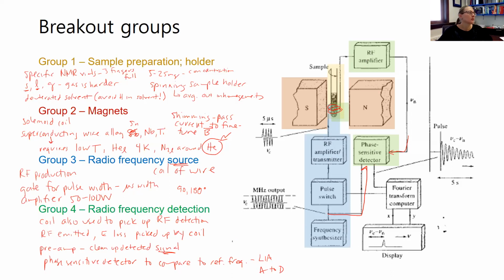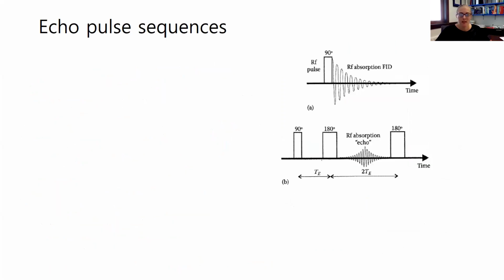Okay, cool. So we'll go over some specializations and applications now of NMR. Rose was mentioning 90 degrees and 180 degrees with the pulses that are sent in, and these are specializations of how you pulse your excitation with Fourier transform NMR.